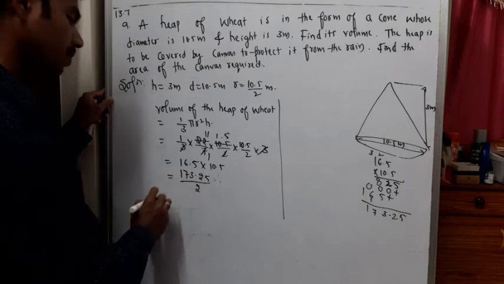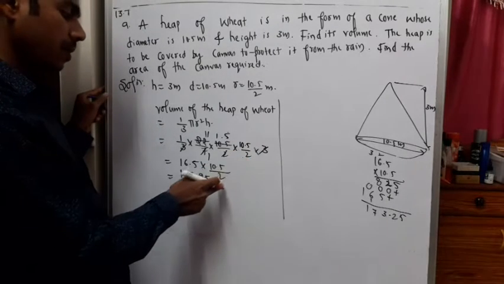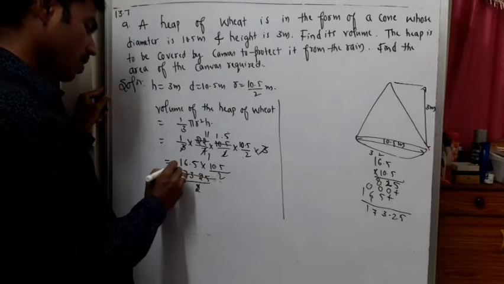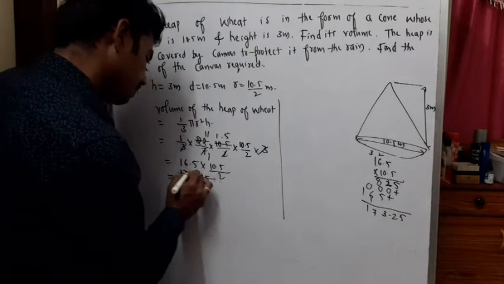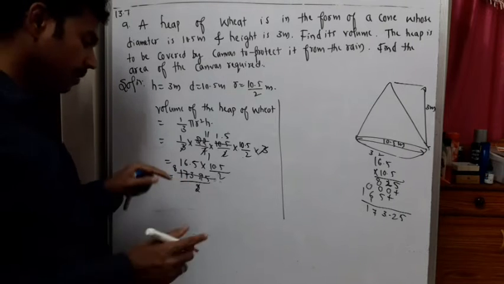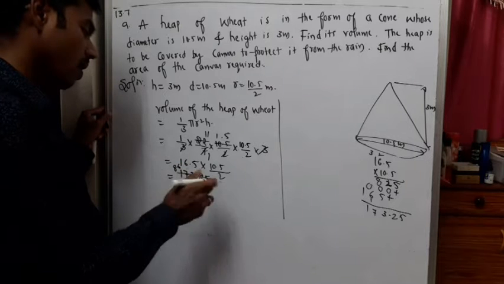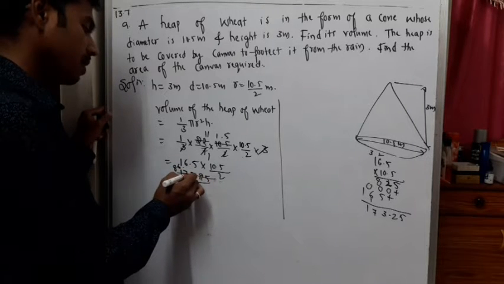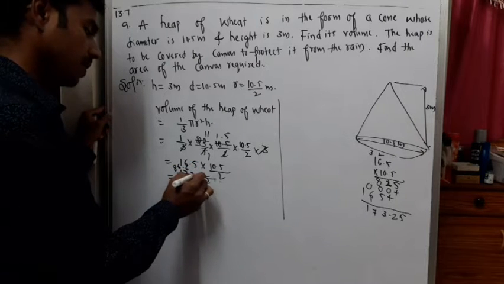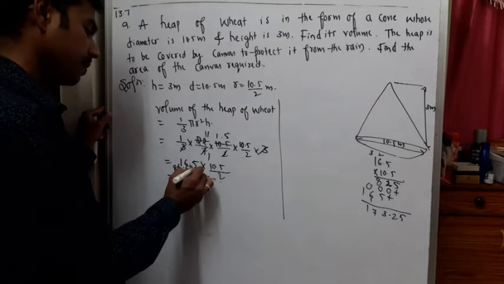So 2 1s are 2. 10.5 divided by 2 as it is. 2 8s are 16, 1 left, 13. 13 means 2 6s are 12, 1 left, 12 means 2 6s are 12. 2 2s are 4, 2 5s are 10.